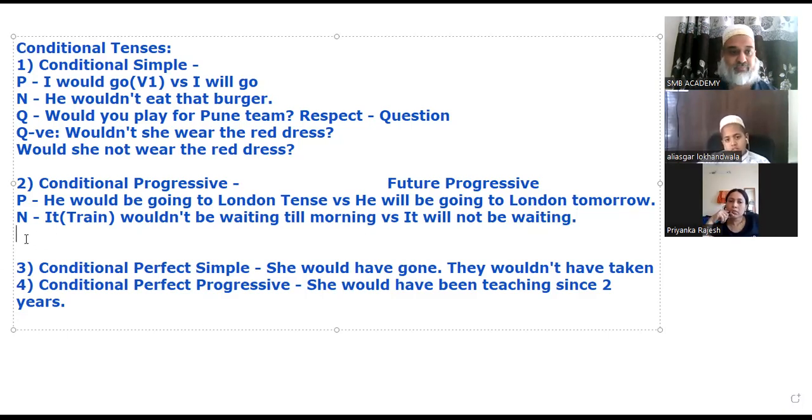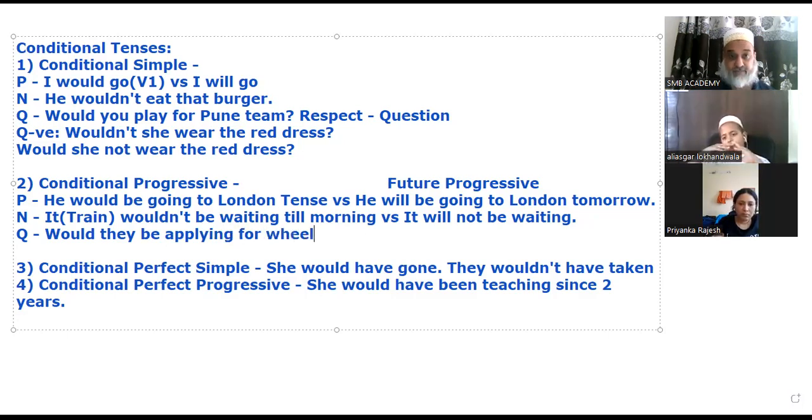Right. Now we are doing question. What question? पहले क्या आएगा? Would they be applying for wheelchair?